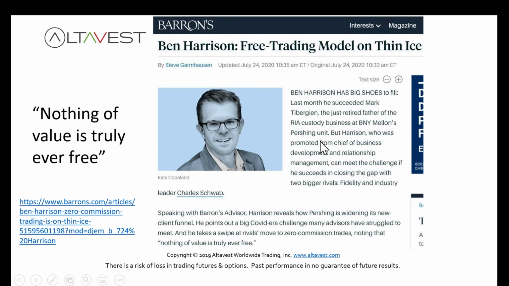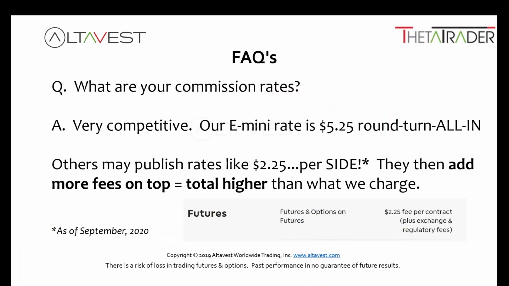All right, I've beat up on all that enough, but my point is it's kind of annoying when you see all this marketing about free trading. It's not free. So here's the question: what about our rates? 5.25, that's round turn all in, and that's completely transparent. Here's a big box brokerage firm from their website.